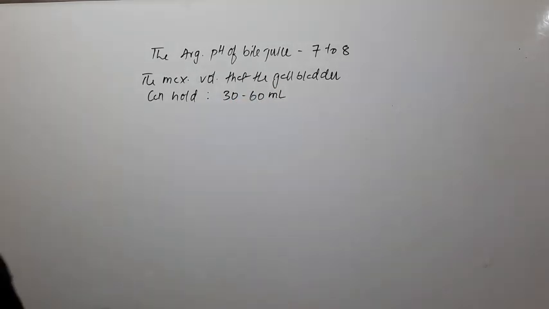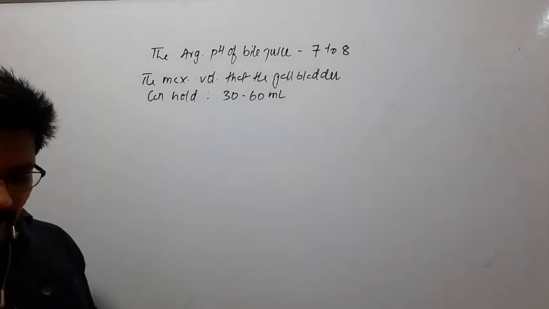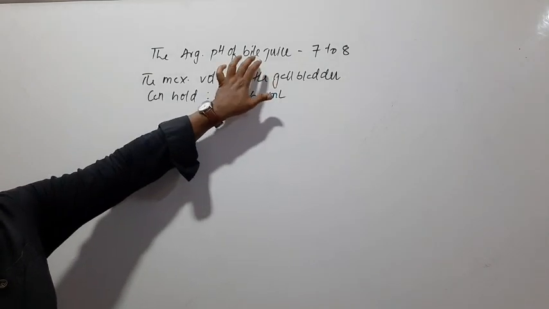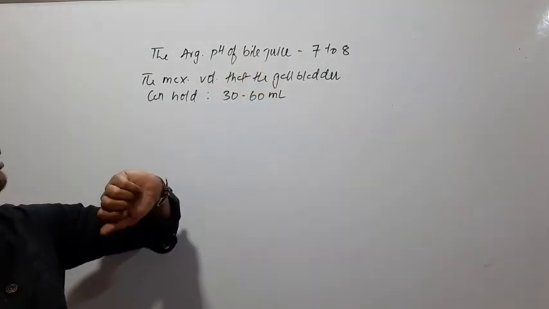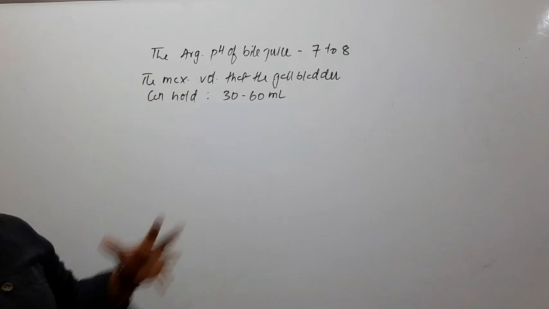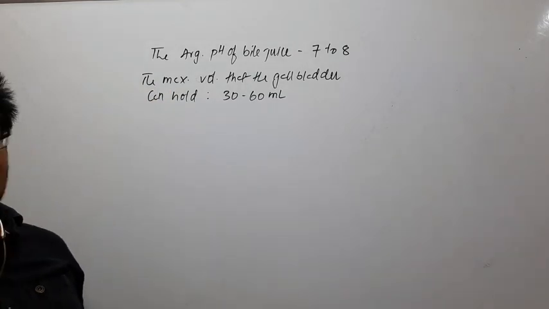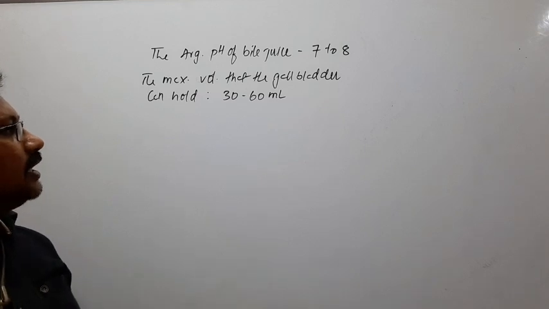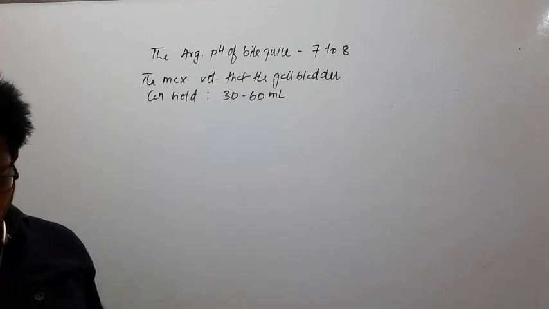So these are two points about the liver. The average pH of the bile juice is 7 to 8, and the maximum volume the gallbladder can hold is around 30 to 60 ml, right?